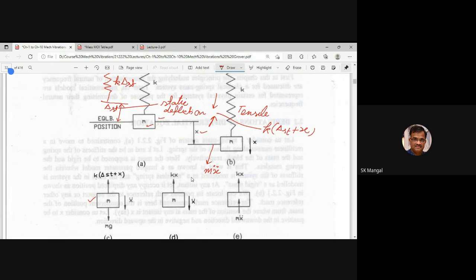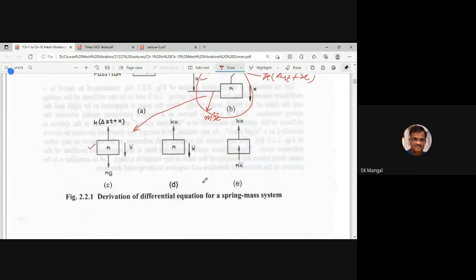So I can have a free body diagram. This is basically this only. This is your spring force here, k delta st, and this is your spring force. Then you are having a gravitational force, mg, acting vertically downward. This is your acceleration, and you are having an accelerating force, mx double dot.